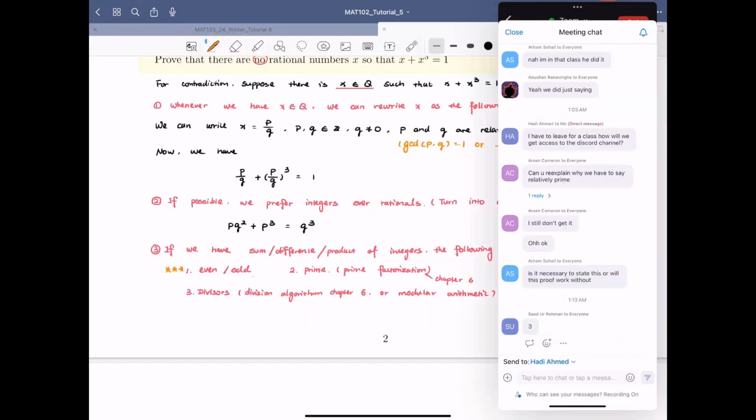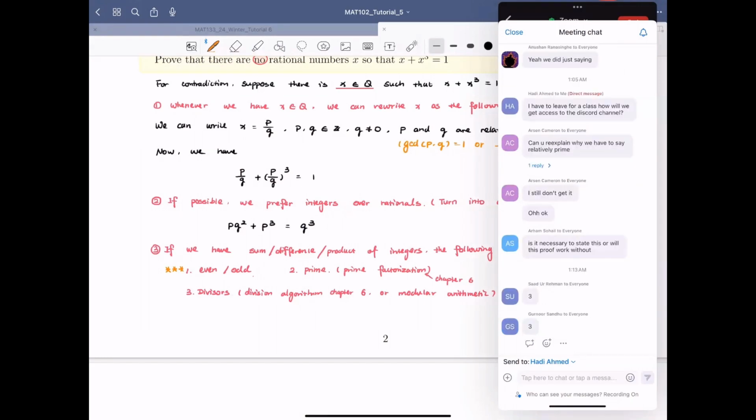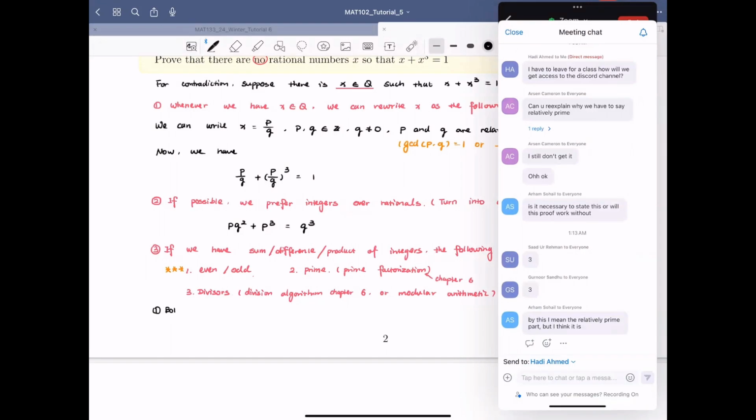Is it necessary to state this or work without? What is this then talking about? As I said, the red ones are not part of the proof. Okay, the black ones are. 3. Why 3? Which 3? You should discuss both odd.